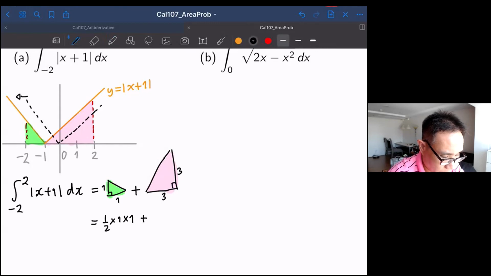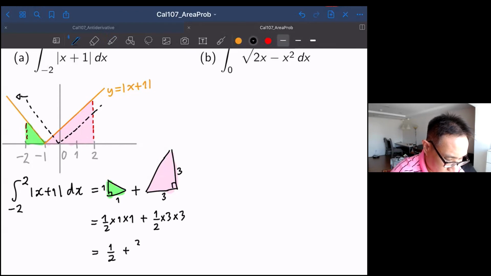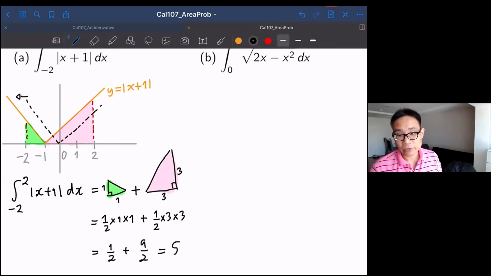And in the pink case, you're going to have 1/2 times 3 times 3. And so you get 1/2 plus 9/2 equal to 5. Okay, so that will be the area.